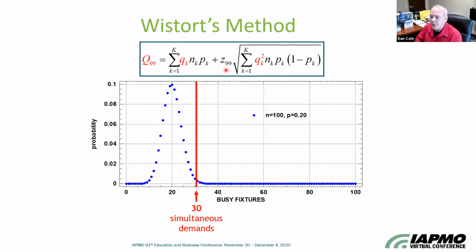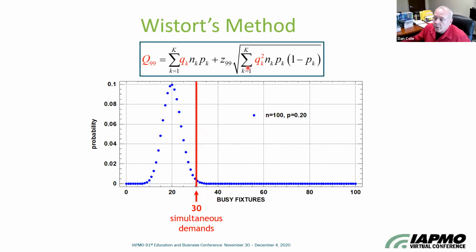All of this would make sense if you took an introductory class in statistics. You would understand what a z-score is. But anyway, this is a direct calculation. You could enter this into an Excel spreadsheet and you would calculate the 99th percentile flow rate.